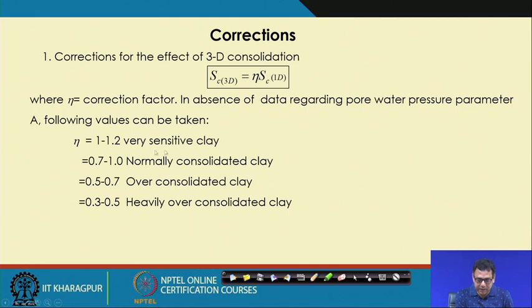This correction factor range for normally consolidated soil is also 0.7 to 1. So, if the A value is not available, then for normally consolidated soil you can take the pore water correction factor as 0.7, which is reasonable.